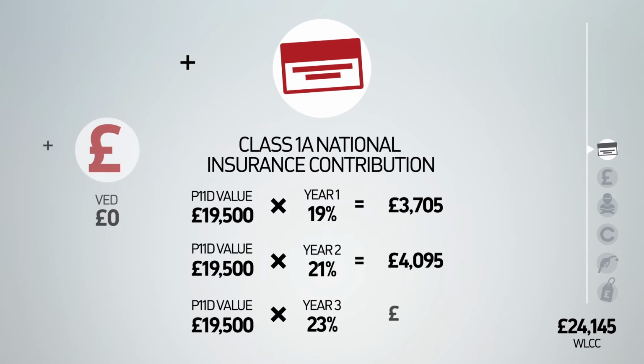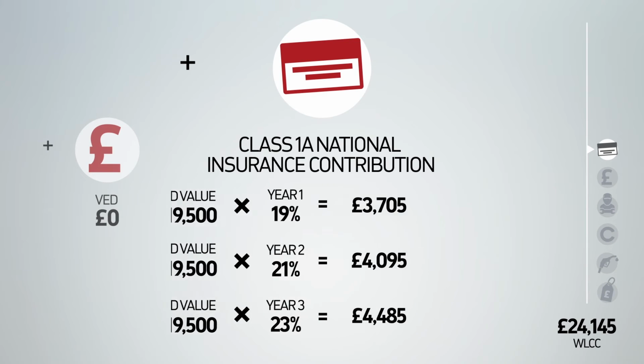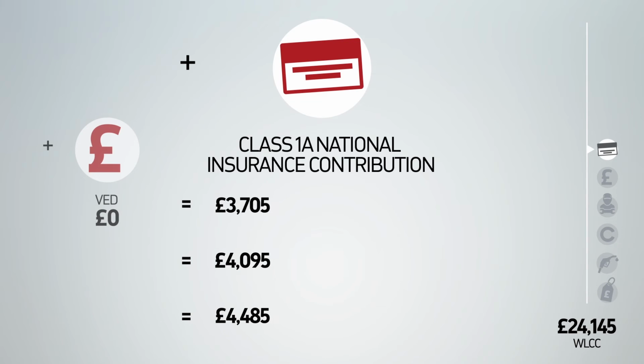More information about benefit in kind taxation can be found in the What is Benefit in Kind section of our website. With CO2 emissions of 99 grams per kilometre from the diesel engine used in this example, the car would fall into the 19, 21 and then 23% benefit in kind tax bands for the next 3 years.